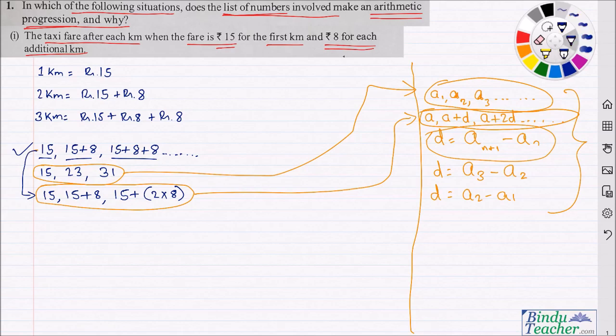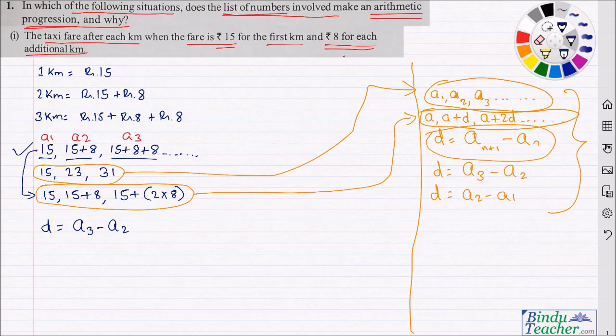So here we will calculate the common difference. d can be calculated as the difference A3 minus A2. So here we have A1, which is 15, A2, which is 15 plus 8, and A3, which is 15 plus 8 plus 8.